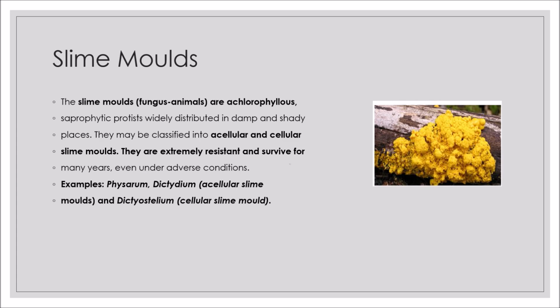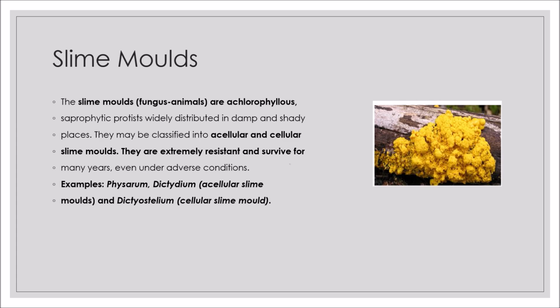For example, Dictydium is an acellular slime mold, that is, only one cell or no cell will be present. And Dictyostelium is a cellular slime mold. So there are two different types of slime mold. These are some of the examples of slime molds.